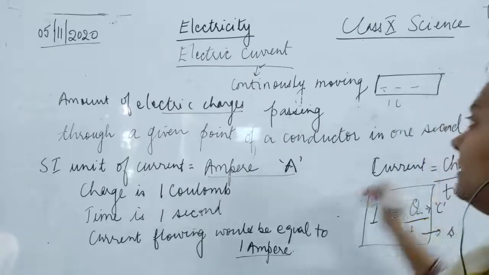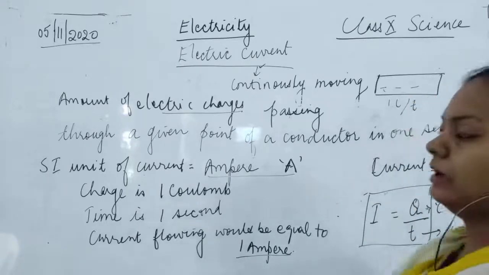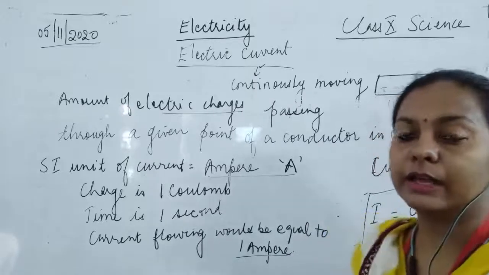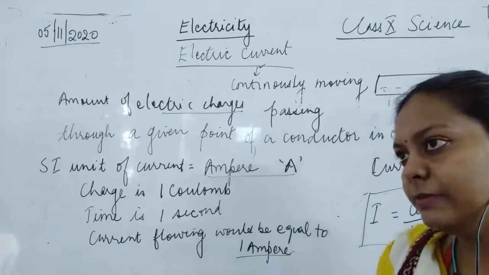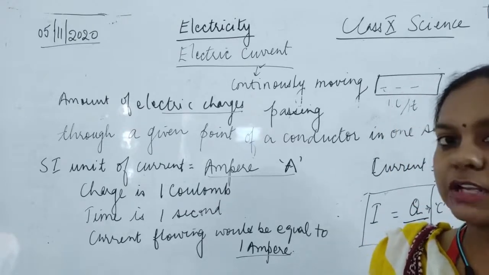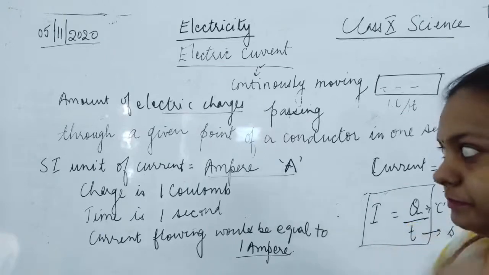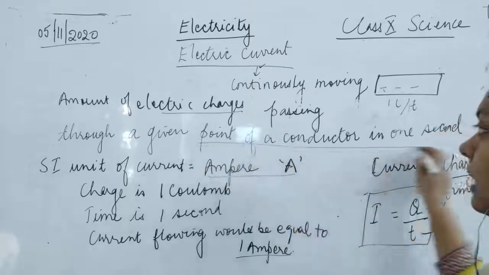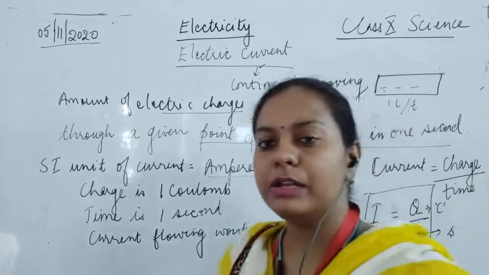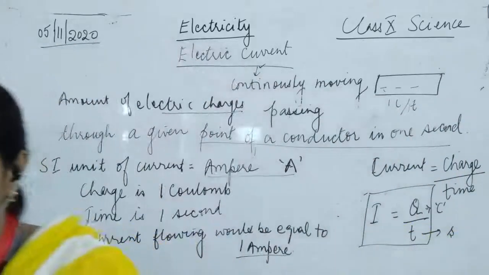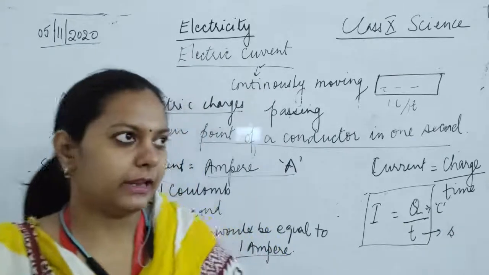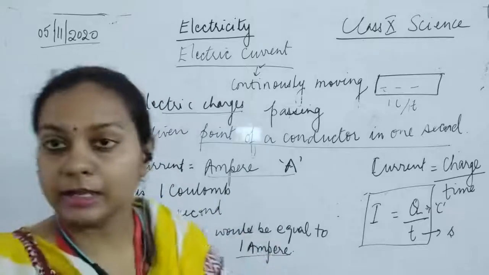How much charge moves in 1 second? That tells you the electricity, because the definition of electricity says it is the amount of charge which is flowing through a conductor in 1 second. So in 1 second, how many charges are flowing from that particular area of the conductor, it is said to be the current.